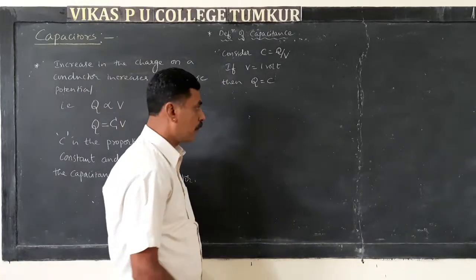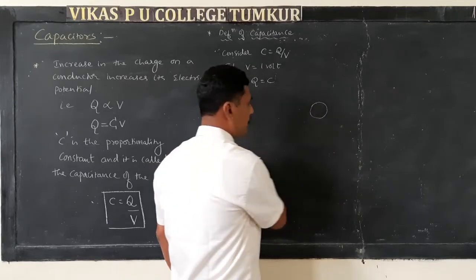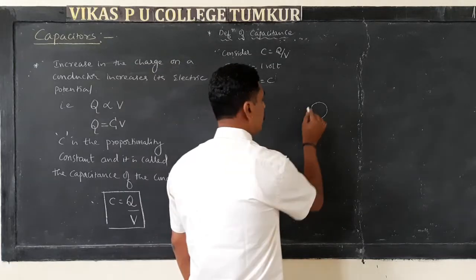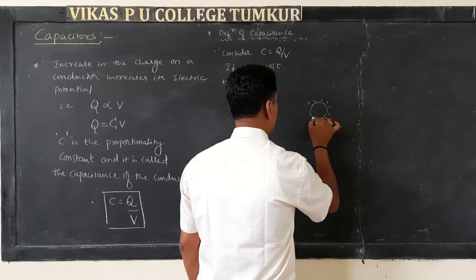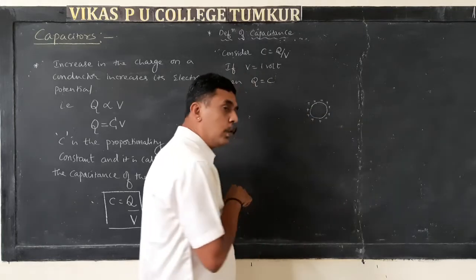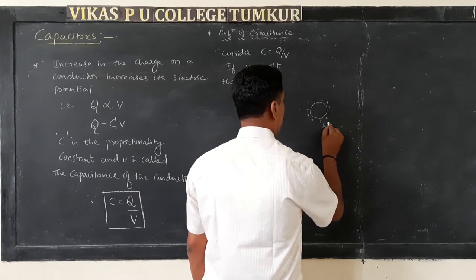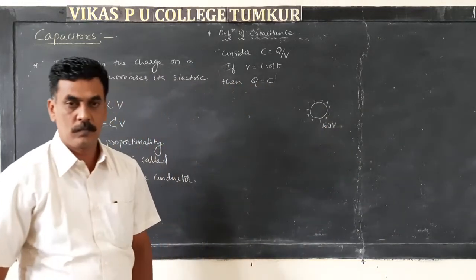Meaning, there is some conductor, say a spherical conductor. This has already been charged, due to which, let us say, the electric potential on the surface of this spherical conductor is 50 volt.